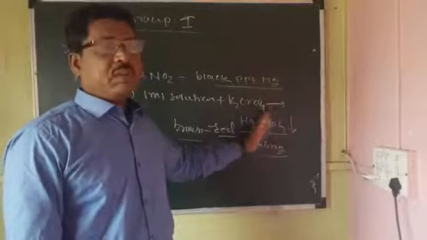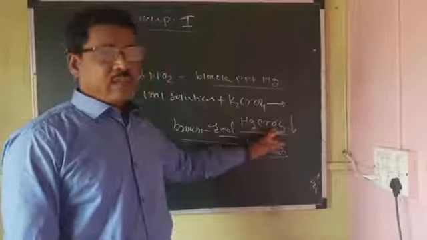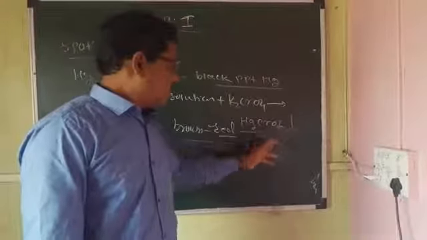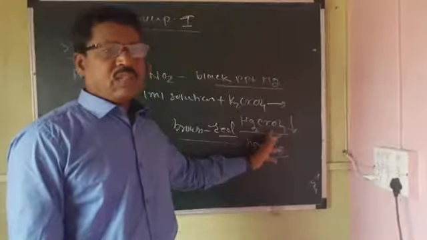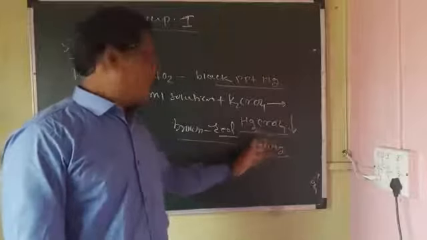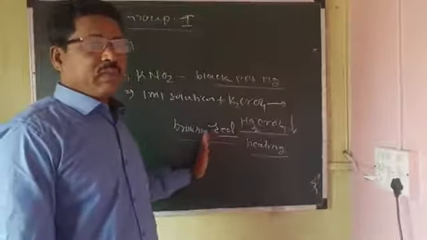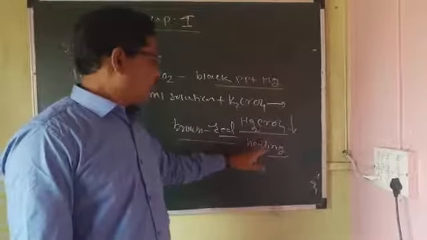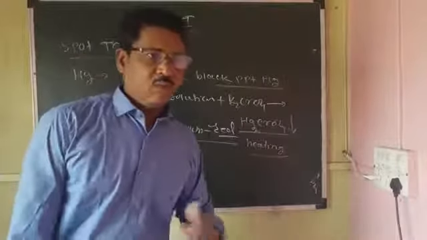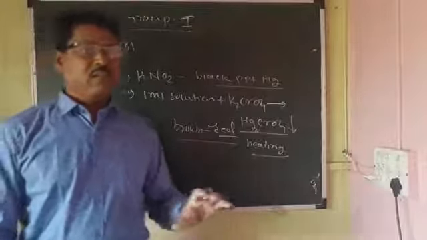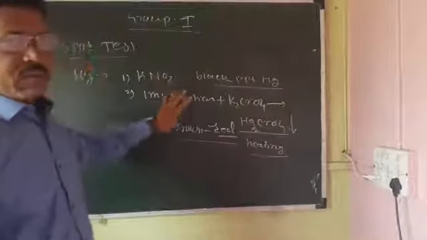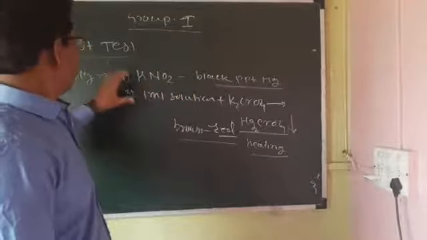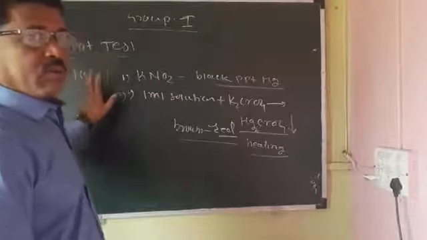You get the precipitate of mercurous chromate, brown in cold conditions, and on heating the color changes from brown to red precipitate of mercurous chromate. This is the confirmatory or spot test for mercury.